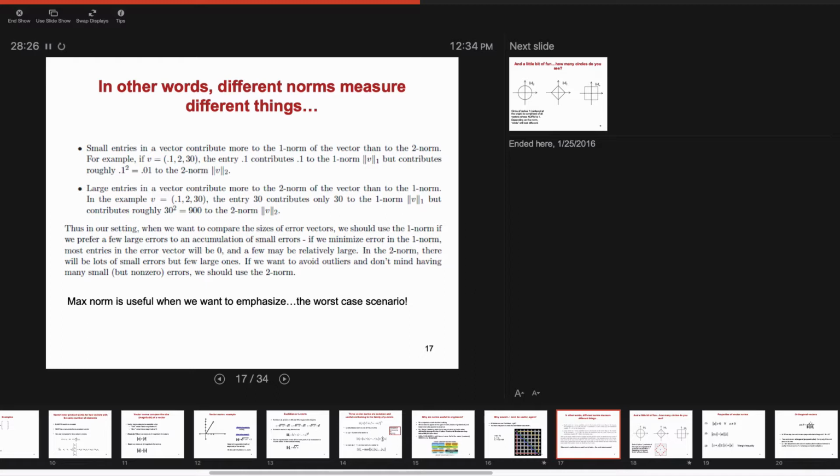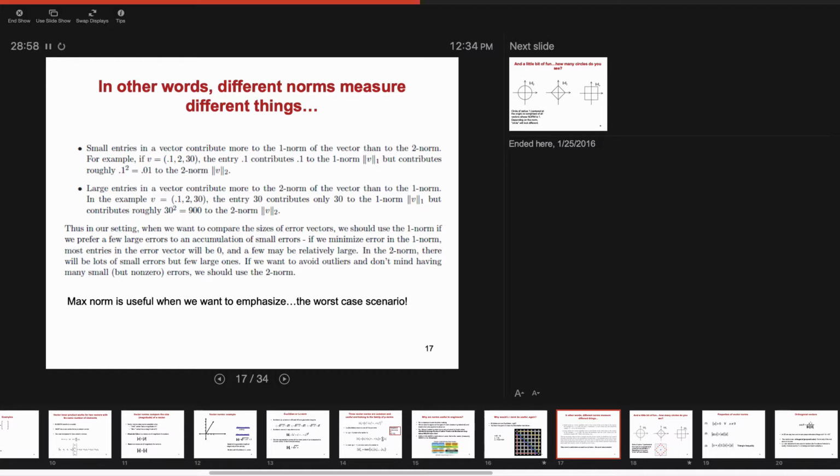Depending on the data, if you don't trust the measurements, or there's a lot of uncertainty, you don't want the largest value to take the cake, because it might be an error. Sometimes you don't like outliers, either too small or too big. To guard yourself against that, you're not going to use the L1 norm or the L infinity norm.